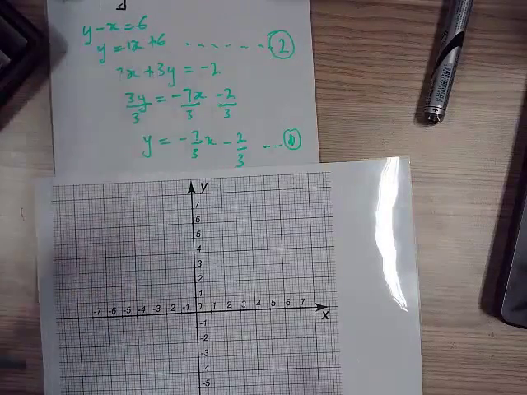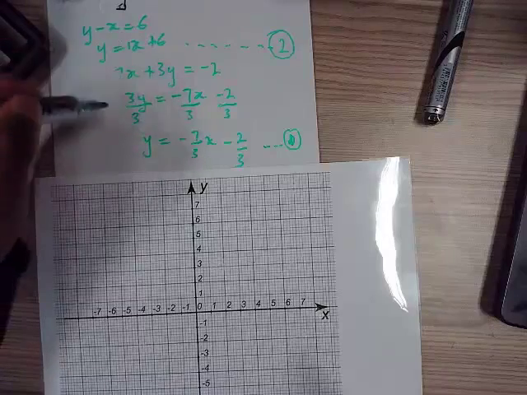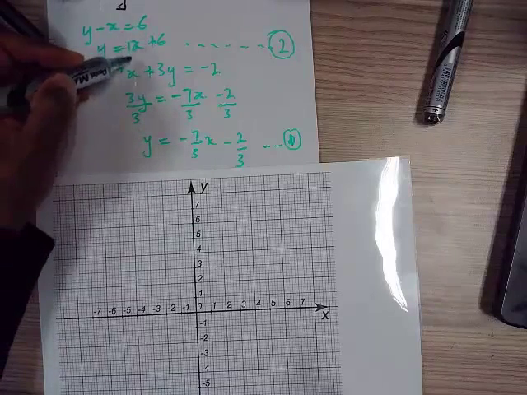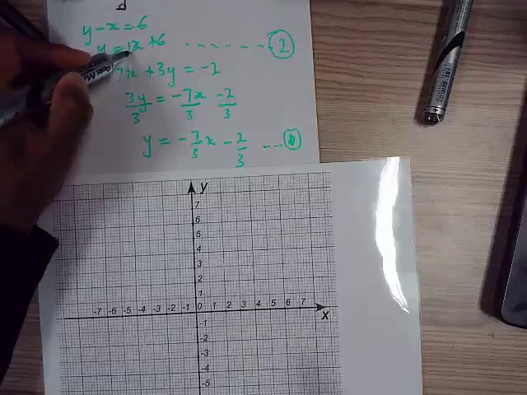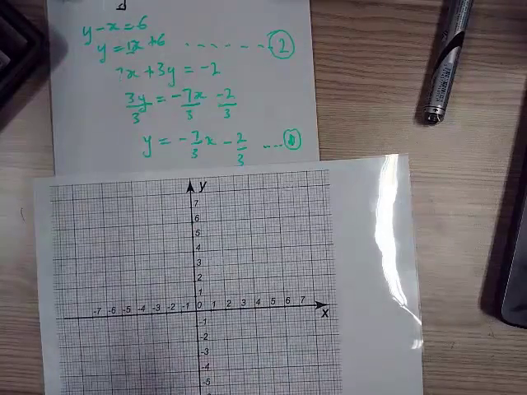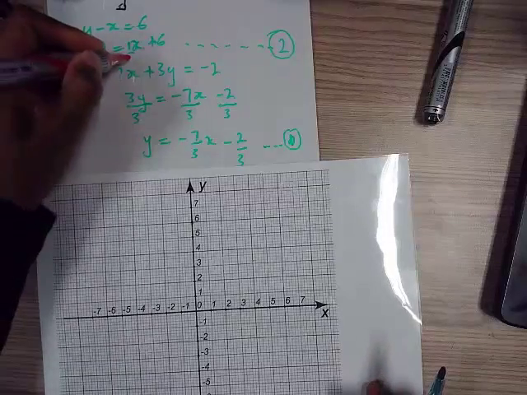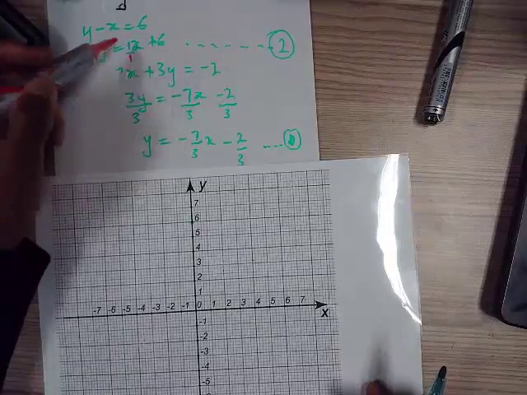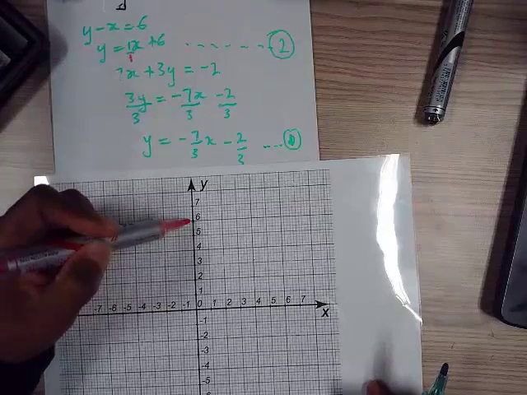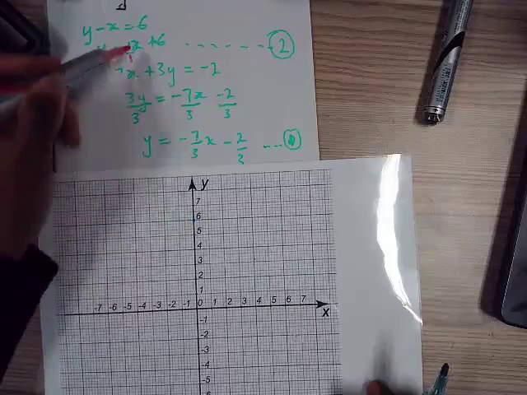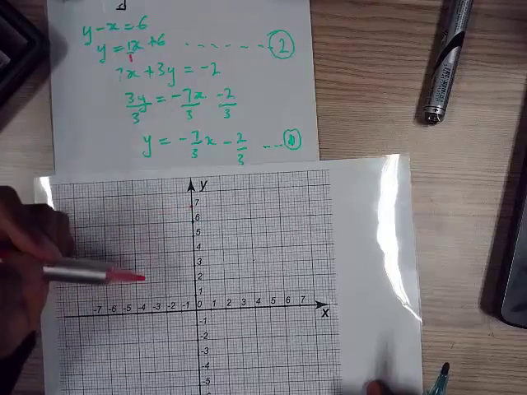So it's positive 6. What does this tell you? Any number divided by 1 is that number. So the top one tells you how many times you move up from the y-intercept. So you move once. So it says once here.